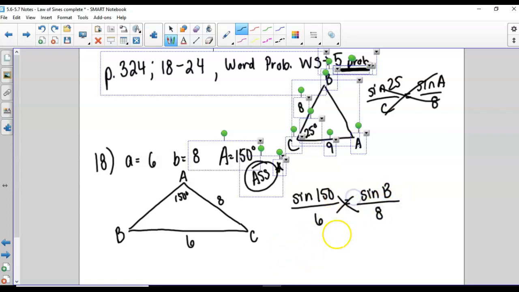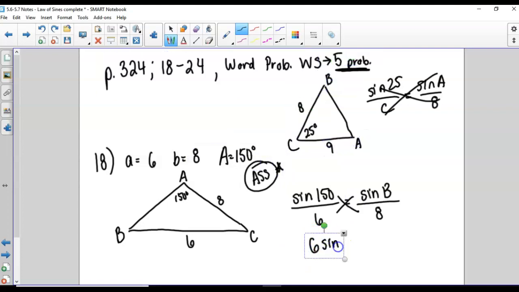So I would cross multiply and I would get 6 sine B equals 8 sine of 150. And so I would have to divide both sides by 6.